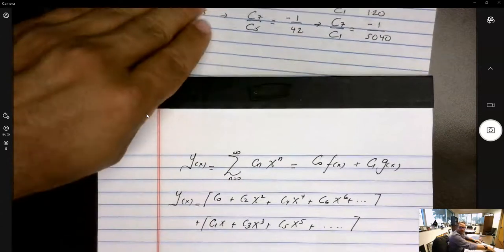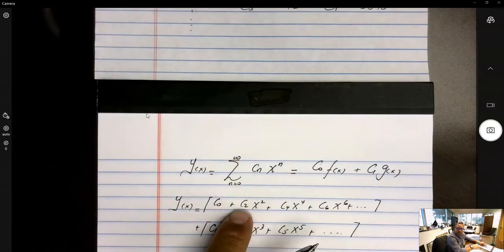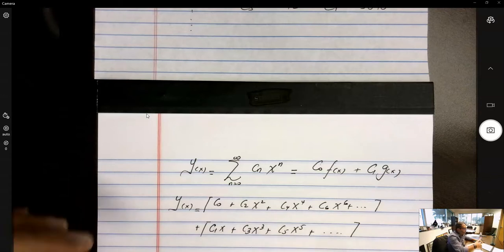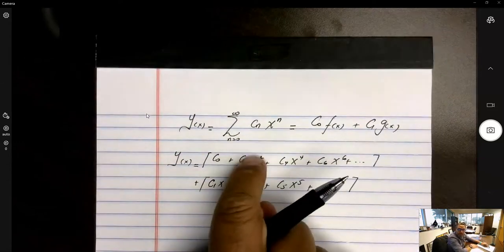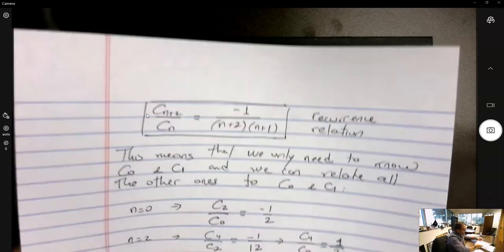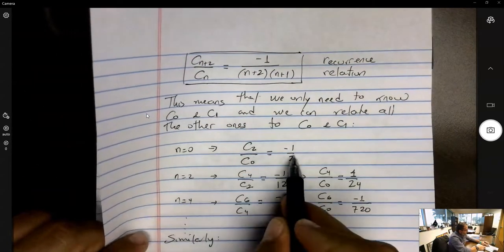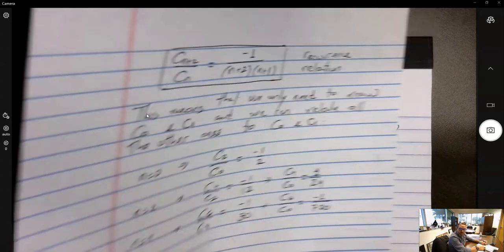So this is what these series look like, right? Some even terms and some odd terms. Very simple. But I know that these even terms are all related to C0, right? I know that C2 is related to C0 this way. I know that C4 is related to C0 this way, and C6 is related to C0 this way.